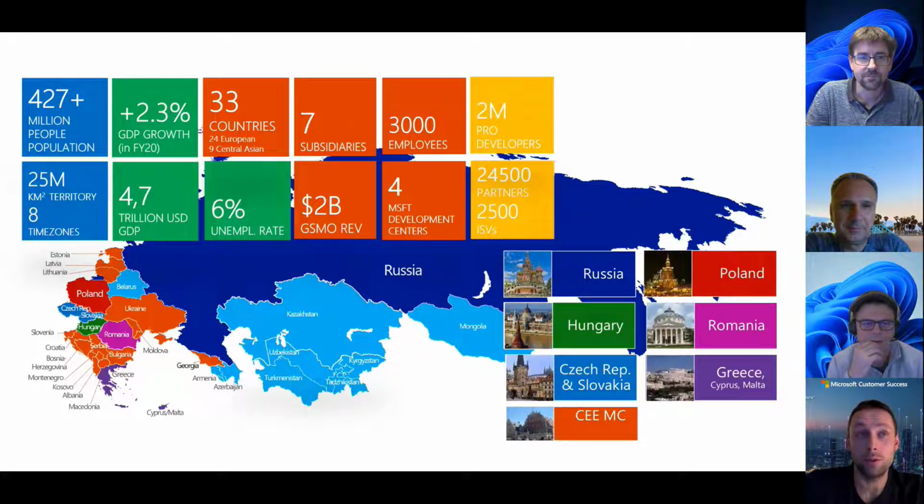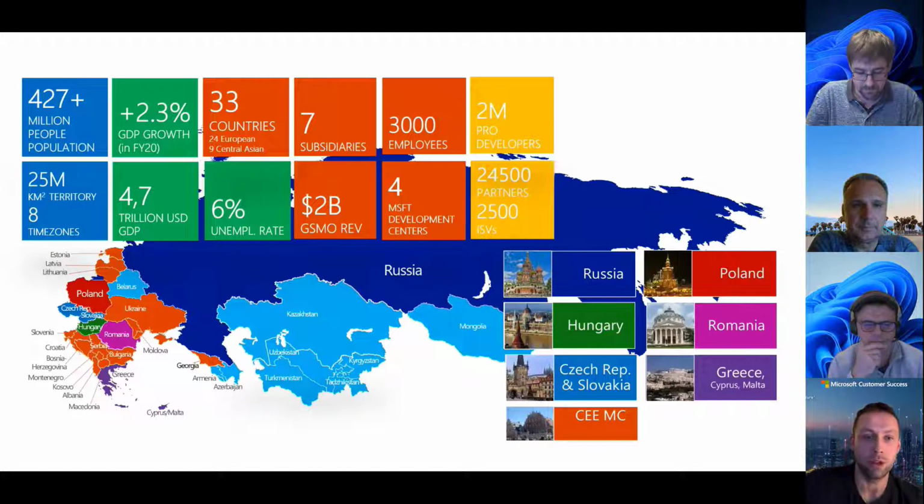Good question, Robert. Microsoft presence is everywhere. There is always a local team, like a local office. In Slovenia, Croatia, Estonia, there are rather smaller offices than maybe the one in Czech Republic or in Russia, but the presence is there, and it's really a big differentiator against our public cloud competition, right?